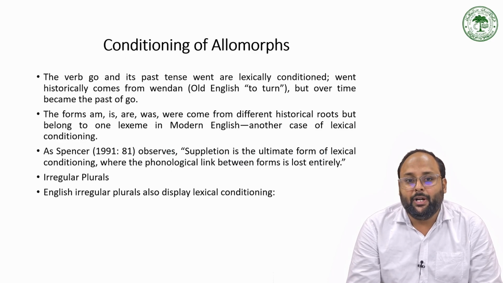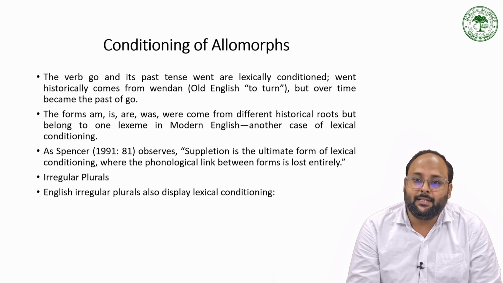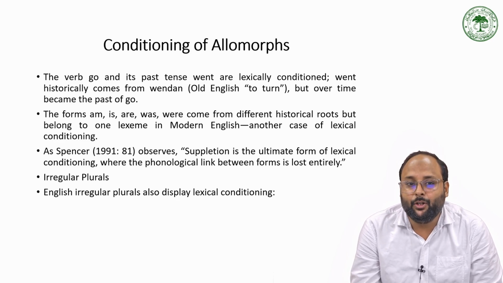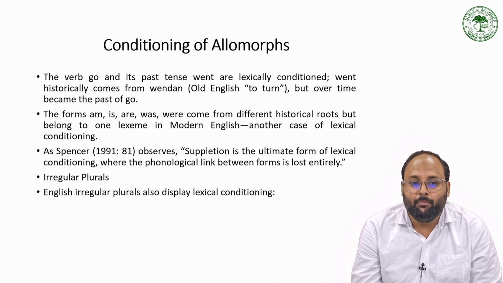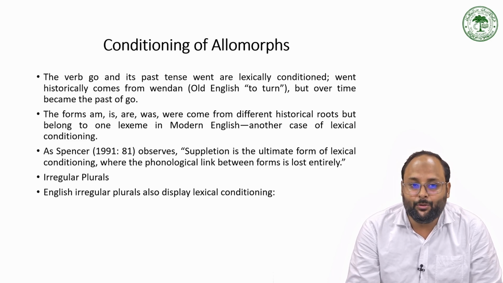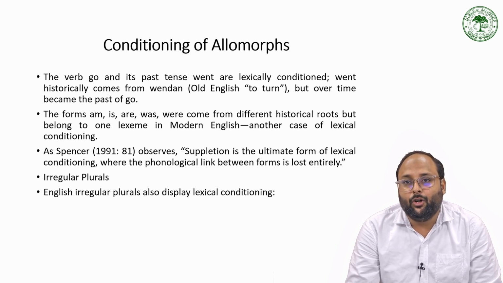The verb go and its past tense went are lexically conditioned. Went historically comes from wendan, but over time it became the past of go. So now it is used as the past of go. And forms like am, is, was, were come from different historical roots but belong to one lexeme in modern English. Another case of lexical conditioning. These are all different forms of the verb be.